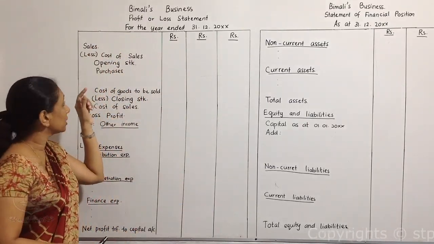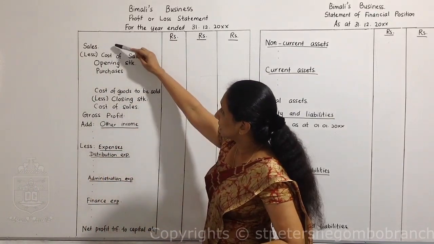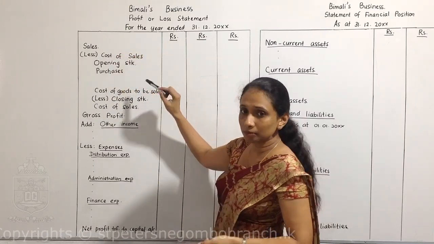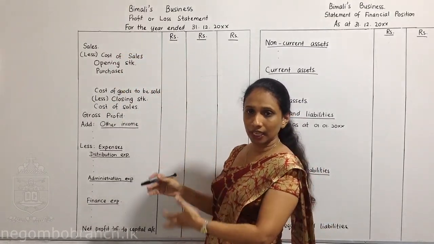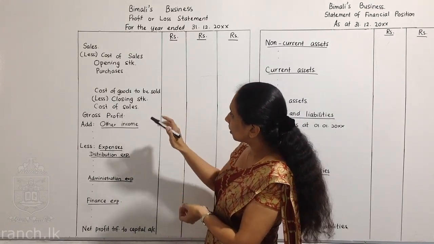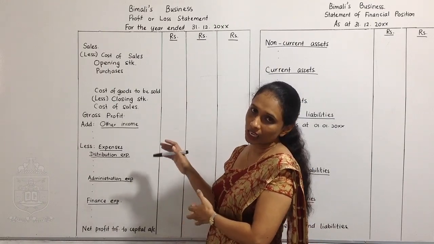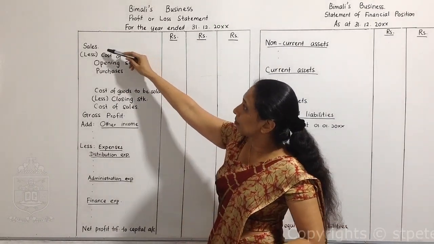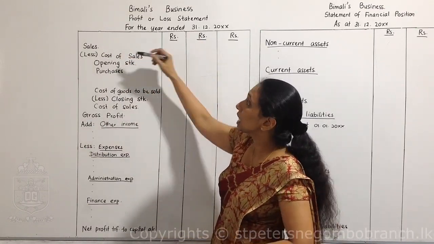In this format I have marked the sales, because there are some items which will usually come in the format, so we can mark those items well in advance before we start the question. Sales is a compulsory item, so I have marked it and left a blank to put the figure.